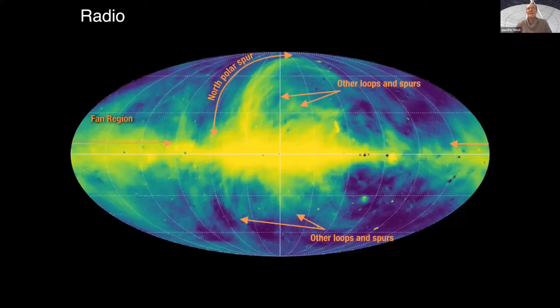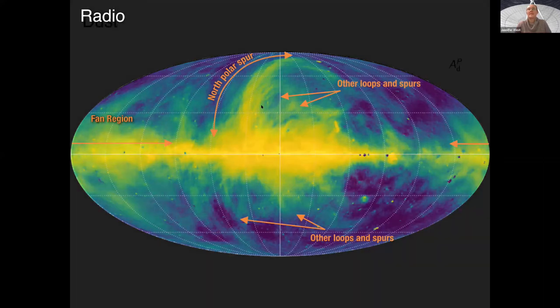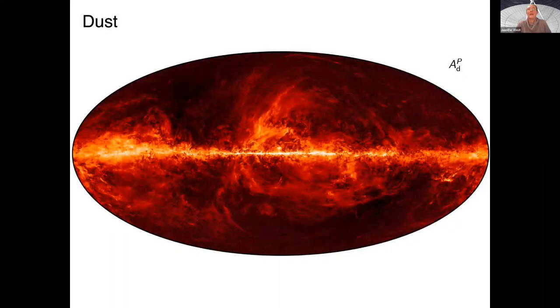So coming back to our radio picture and our radio view of the sky, I mentioned that in X-rays, the X-ray astronomers think that this is far away. But there are other astronomers who look at this with other wavelengths, in particular wavelengths that probe dust. And here's the map of the sky with dust.